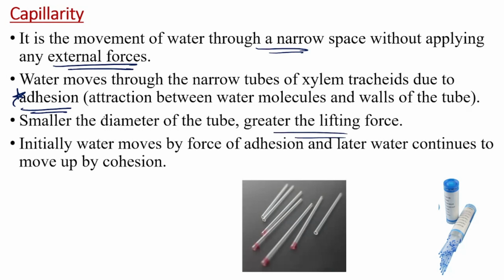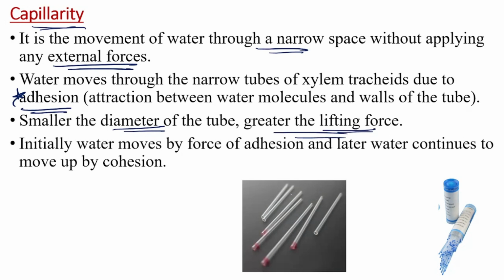But the main drawback of this theory is that though water is moving up through the xylem elements, the amount of water that travels is very less. So it failed to prove that the transportation of water takes place by capillarity, because though the lifting force is greater if the diameter is small, the amount of water that usually gets in is very less.